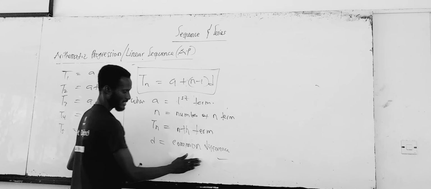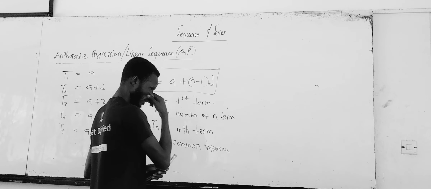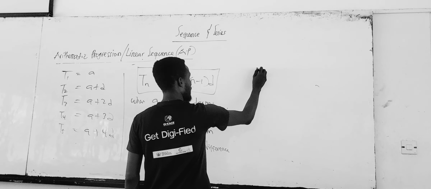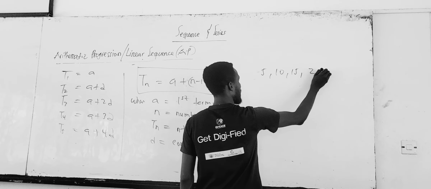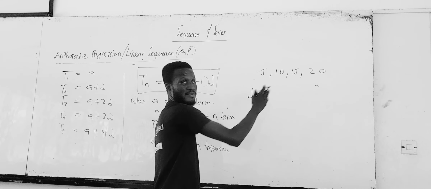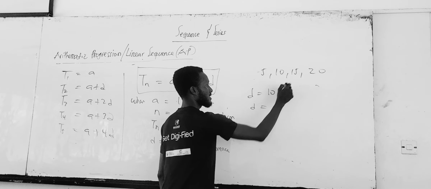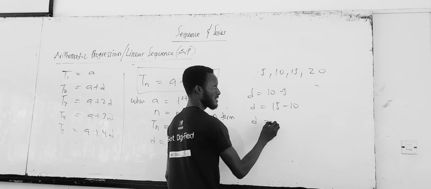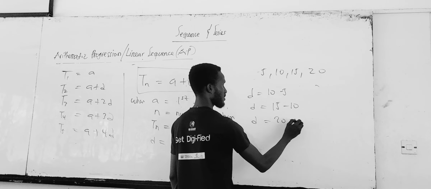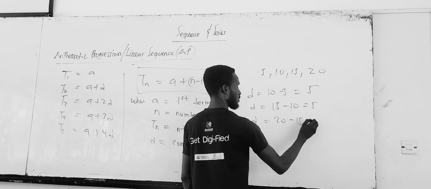Now let's break this one down. Don't forget that we talk about the D. If you have 5, 10, 15, 20, the D is the difference between them. So 10 minus 5, or 15 minus 10, or 20 minus what? 15. This one will give us 5, this one will give us 5, this one will give us 5.